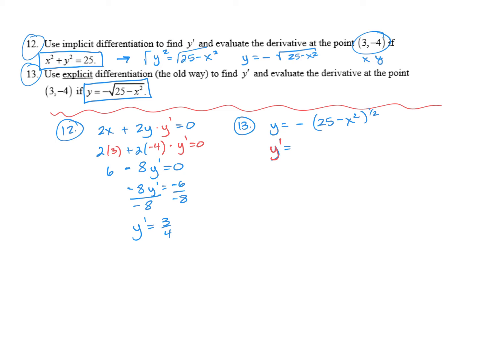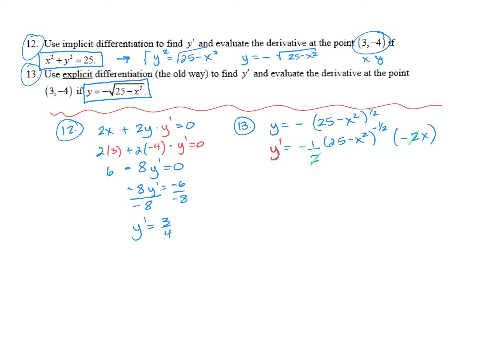So let's go ahead and chain rule, negative 1/2, and then remember this is frozen, 25 minus x squared to the negative 1/2, and then we have to multiply by the derivative of the inside part, which is going to be negative 2x, it looks like. So right away, I'm going to simplify this, and I'm like, oh yeah, let's get rid of those 2's.